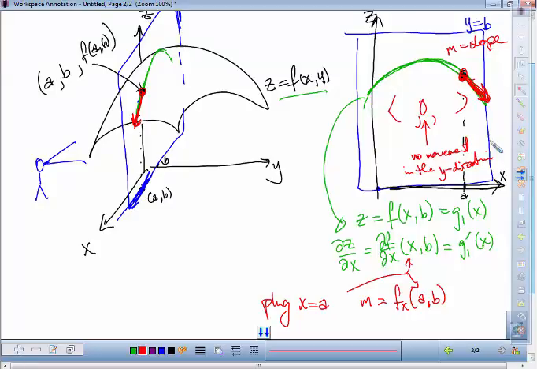So, yes? Why do you need that? Oh, because the plan is to get a couple of tangent vectors that are tangent to the surface. And if we cross those two vectors, we're going to get a normal vector, and so we can come up with an equation of a plane.